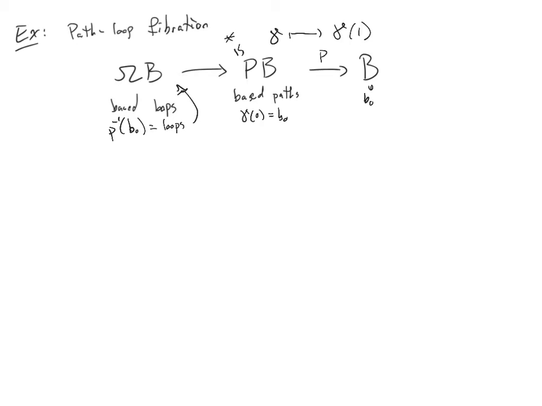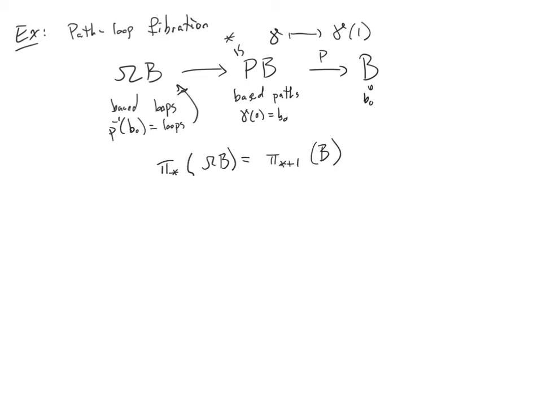One of the things that you get from the long exact sequence associated to a fiber bundle is that pi star of loops on B is just the same as pi star on B, but down a degree. So, up a degree.